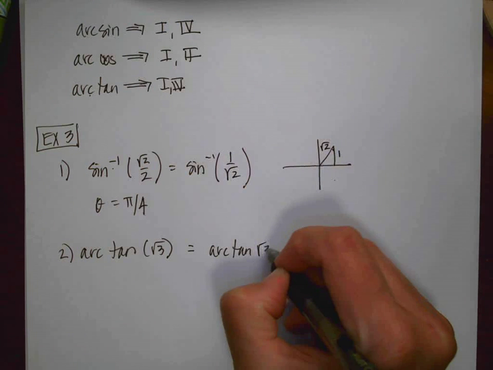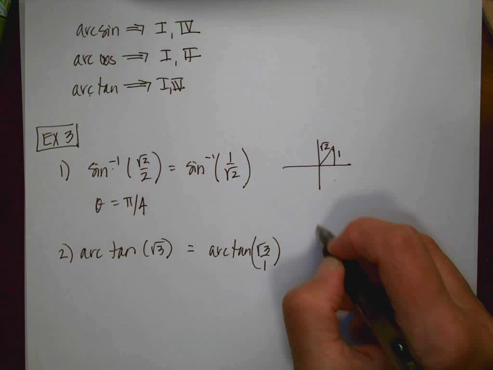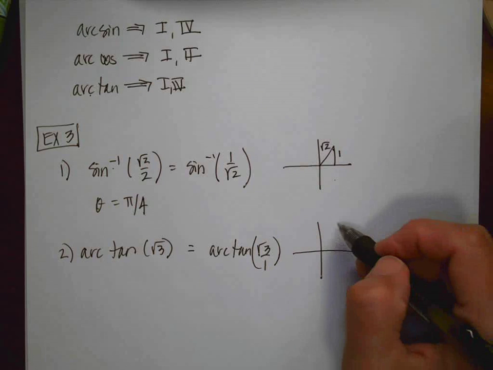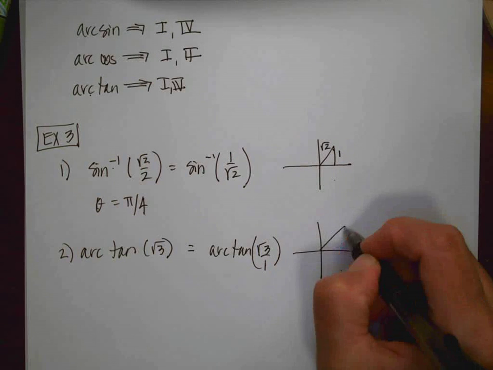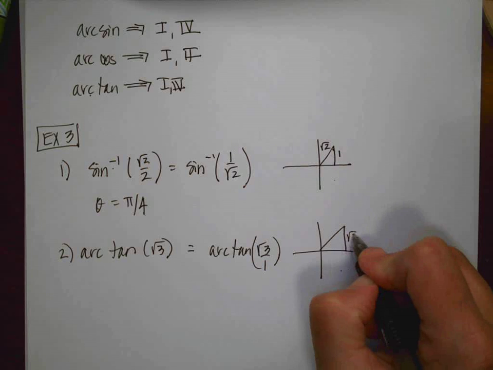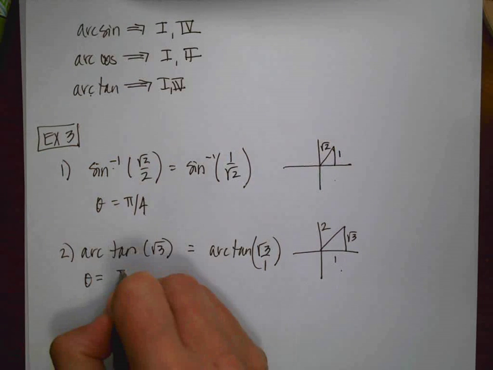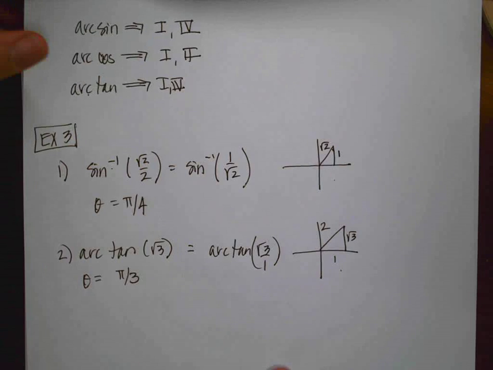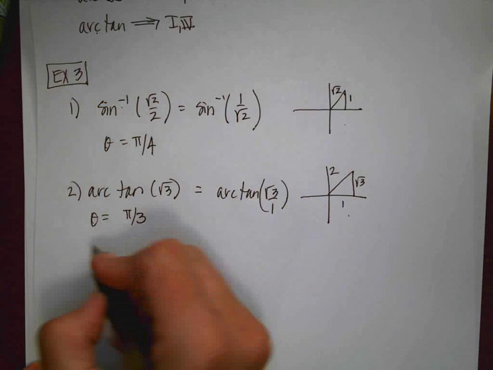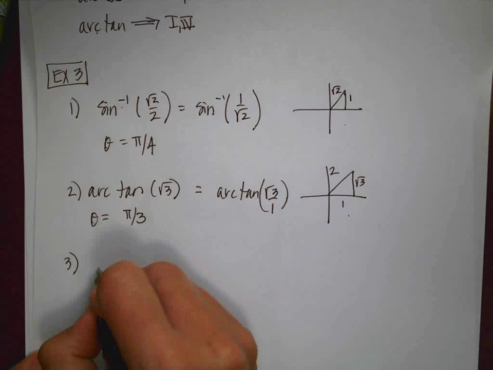That's the same thing as the arc tangent of radical 3 over 1. Tangent is limited to the first and the fourth quadrants. Tangent is positive in the first. This is radical 3, 1, and 2. So my theta is going to be pi over 3, because opposite the radical 3 is a 60.